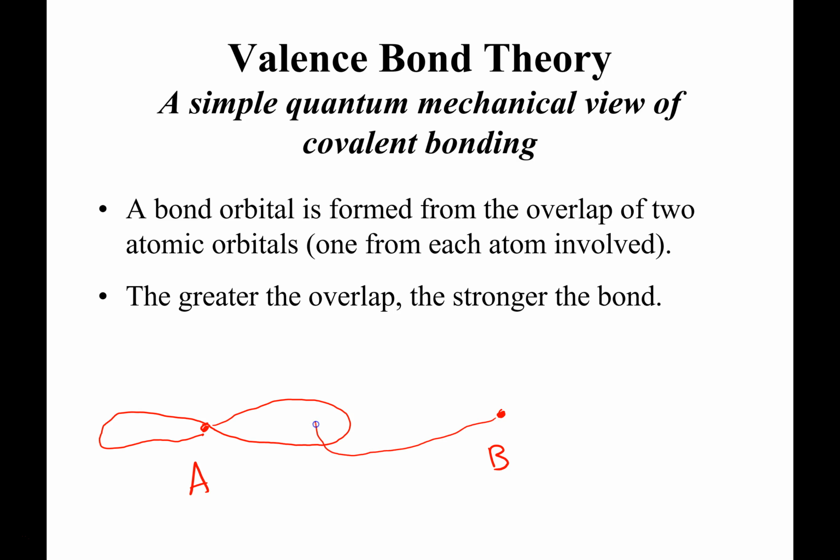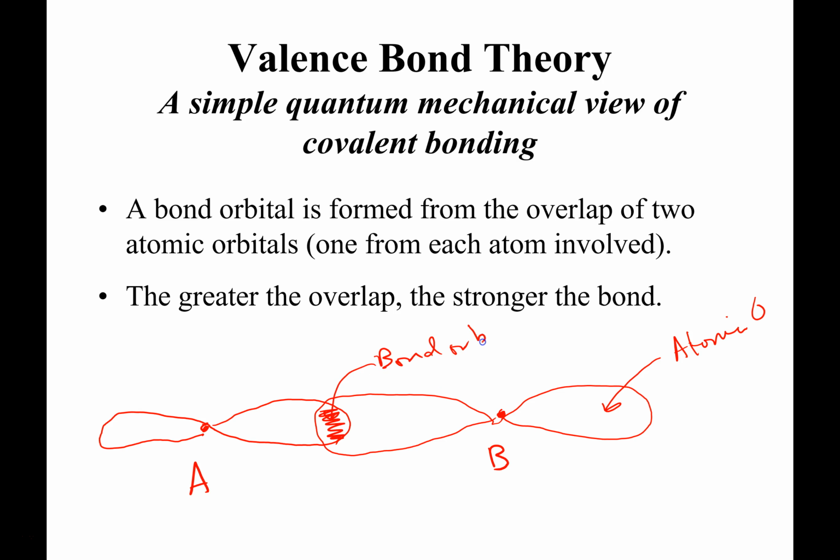Can you see the overlap? These lobes are atomic orbitals. This right here is a bond orbital. It's the overlap of 2 atomic orbitals, and at the center there are the nuclei.